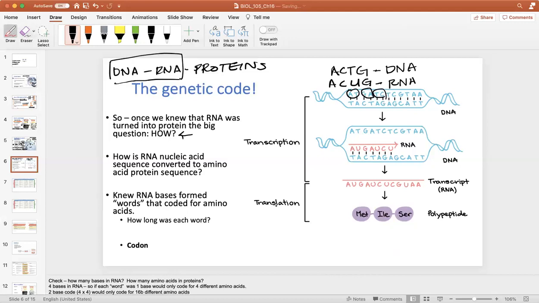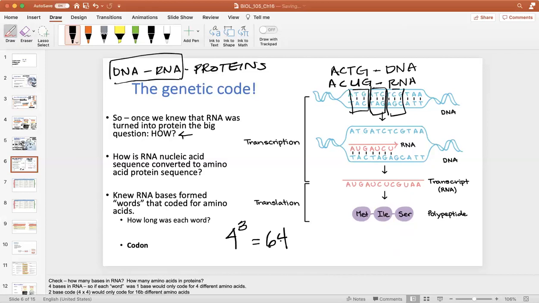What if we used every 3 of these? What if we went 3 by 3? How many possible combinations could we come up with? Well, the way to figure that out mathematically is to take 4 to the 3rd. If you do that math, that comes out to be 64.